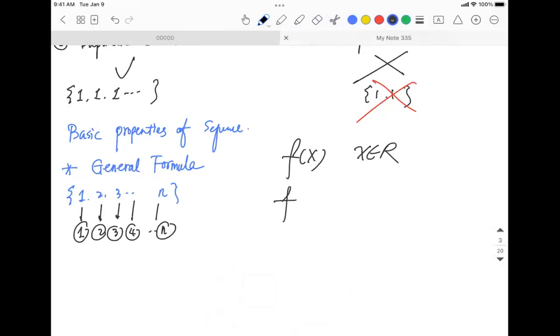You can also take a sequence as a function, but this time the domain is no longer all the real numbers, and must be positive integers, right? So the domain of a sequence function is considered to be all the positive integers rather than all the real numbers. So a sequence can be considered as a function, and the only difference is that the sequence function's domain is only positive integers.